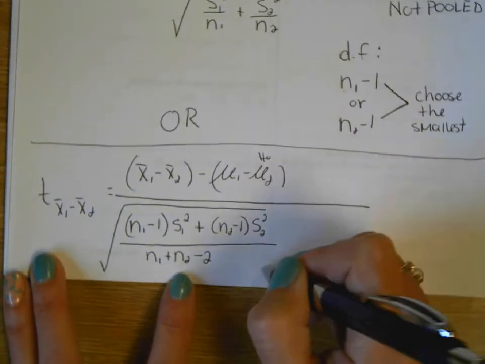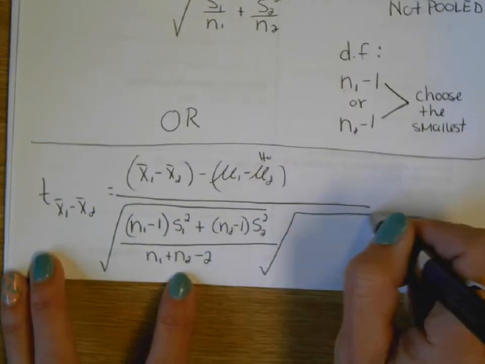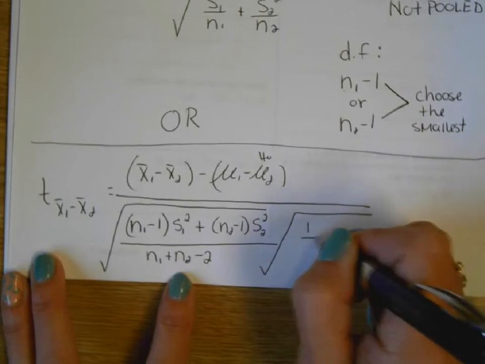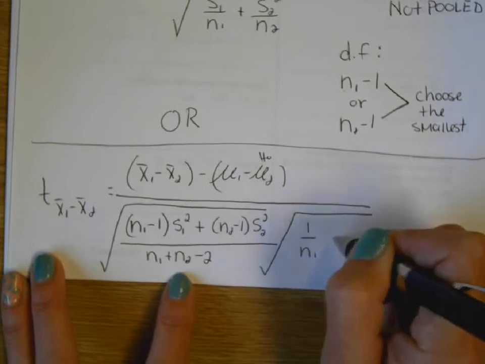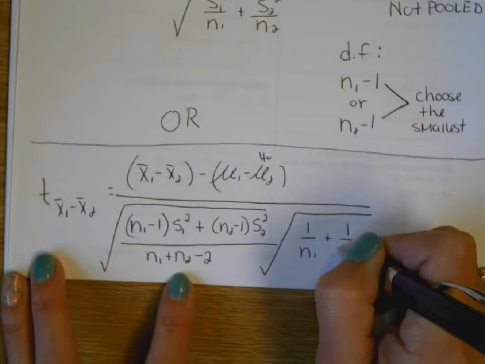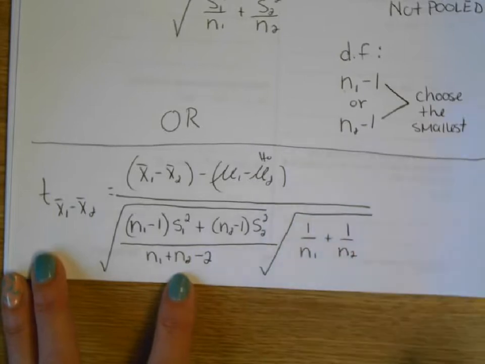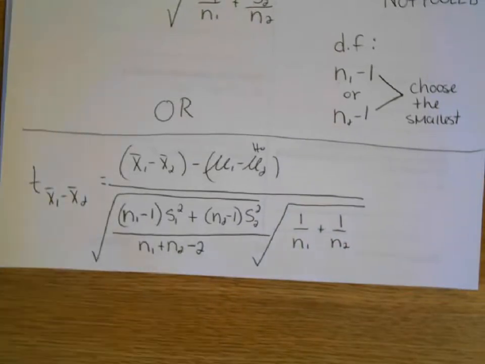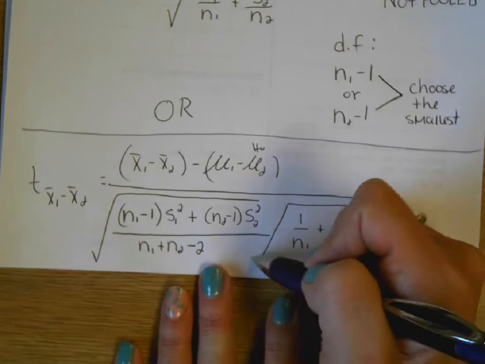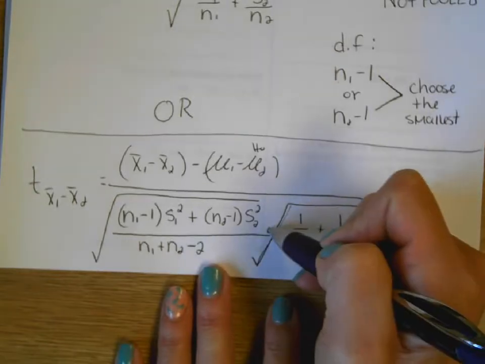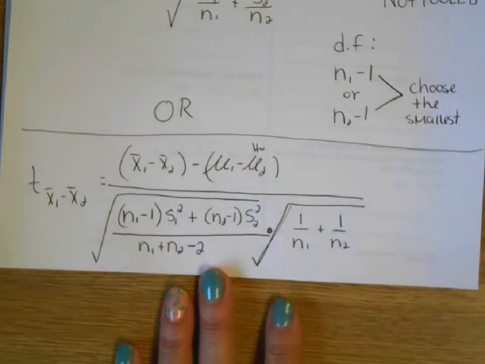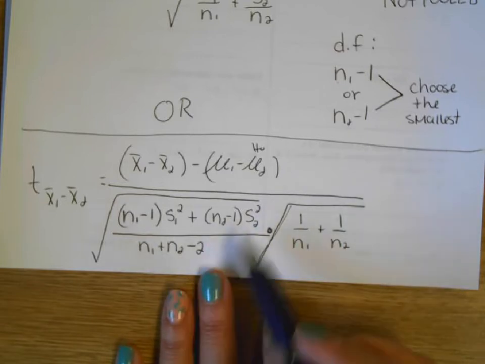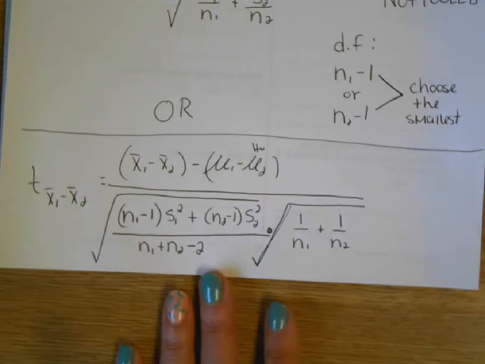And if that's not enough, you're going to multiply that by the square root of 1 over n1 plus 1 over n2. Wait, so we're dividing the square root by a square root? No, we're dividing by 2 square roots multiplied. These are being multiplied. So the denominator is the square root of all this times the square root of all this.